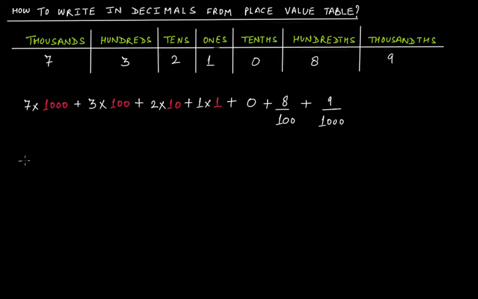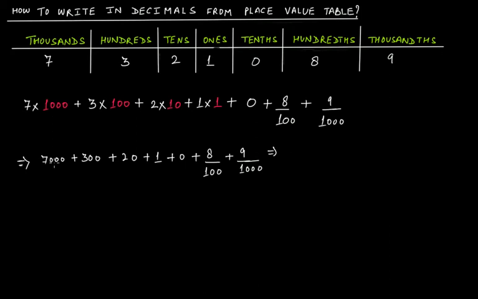When you solve it, this is 7 times thousands is 7,000, plus 3 times 100 is 300, plus 2 times 10 is 20, 1 times 1 is 1, plus 0, plus 8 over 100, plus 9 over 1000, right?